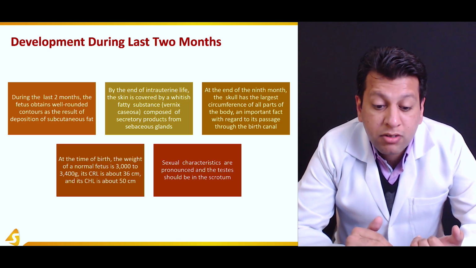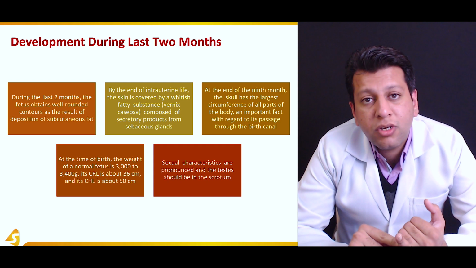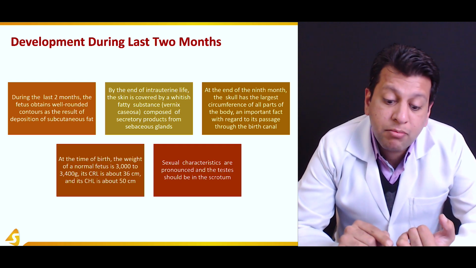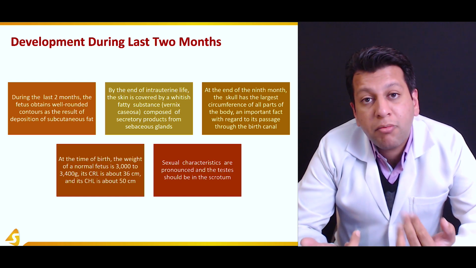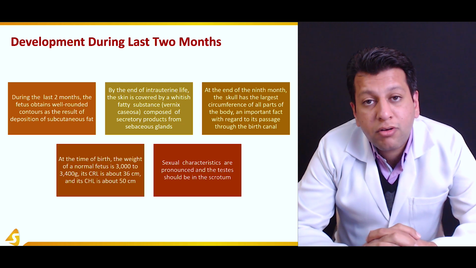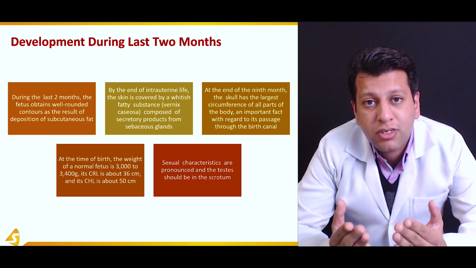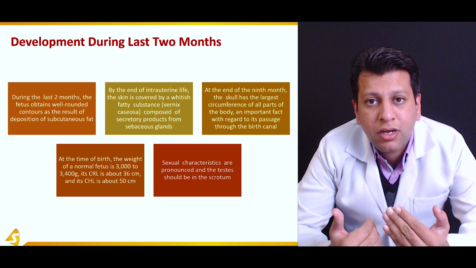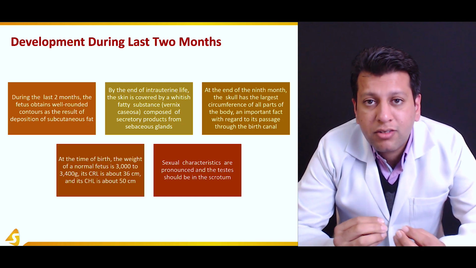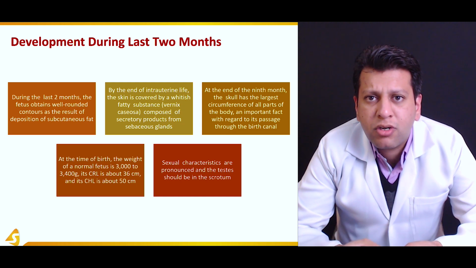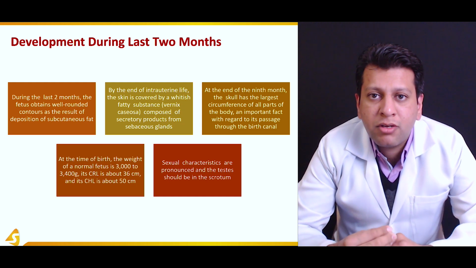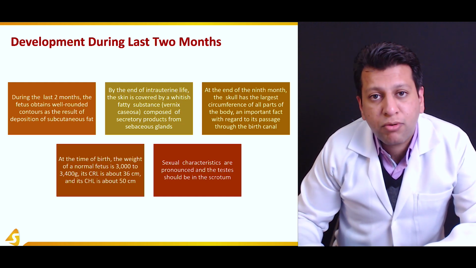This would affect spermatogenesis, and as a result, patients who have testes in the abdomen are usually sterile. The other problem is that this can later develop into testicular carcinoma. So it is very important that the testes descend through the inguinal canal into the scrotum. If they are lying somewhere in the inguinal canal, they can be brought down depending upon where they are lying. But if they are lying in the abdomen, they have to be taken out, because later on this would be another problem for them.